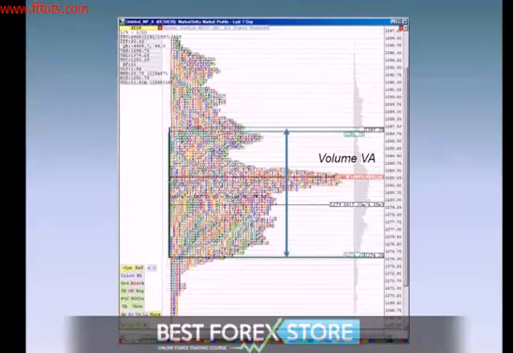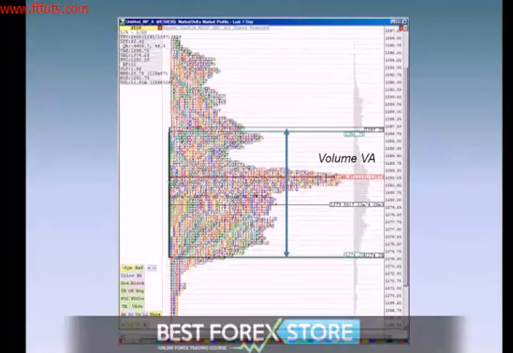Volume and price are not necessarily exactly the same in terms of how the market looks at value. In other words, the value area for price gives us an image of where 70% of the trading price activity took place.